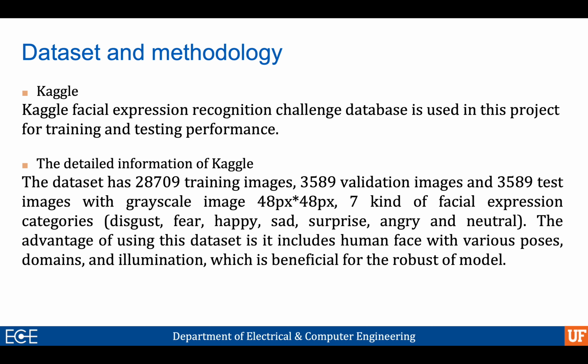And there are 7 kinds of facial expression categories: disgust, fear, happy, sad, surprised, angry, and neutral. The advantage of using this dataset is it includes human faces with various poses, dominance, and illumination, which is beneficial for the robustness of the model.